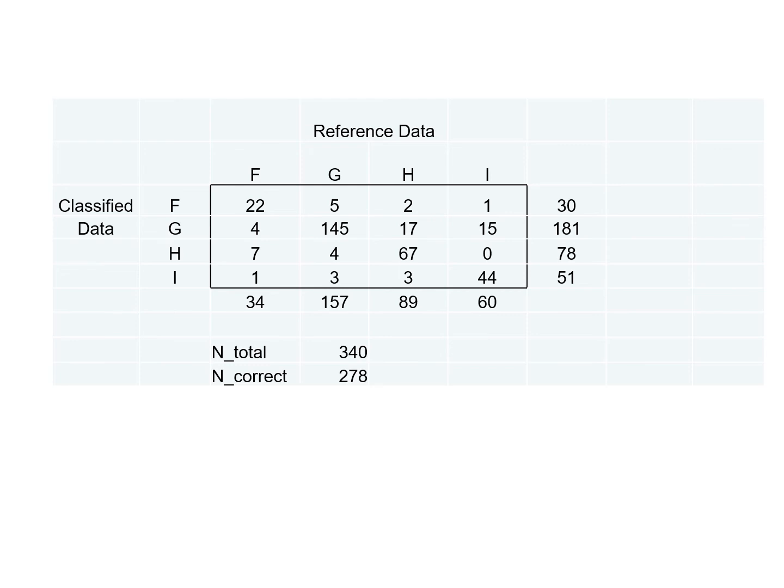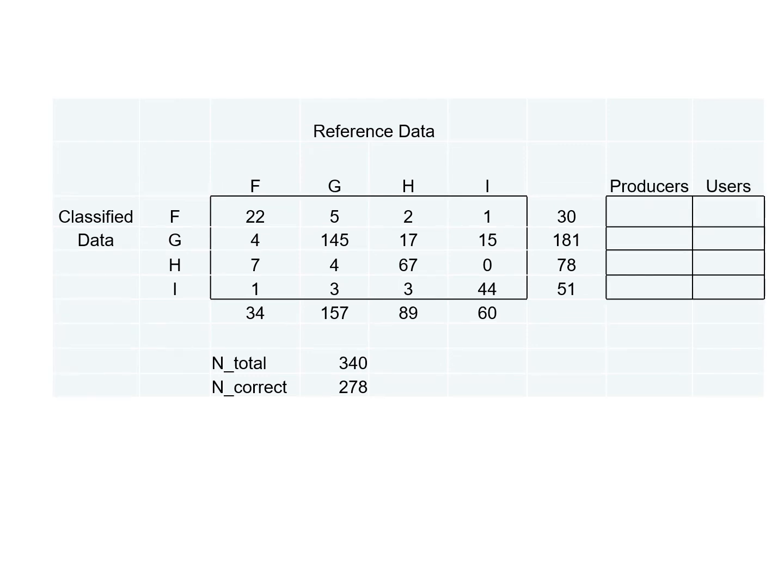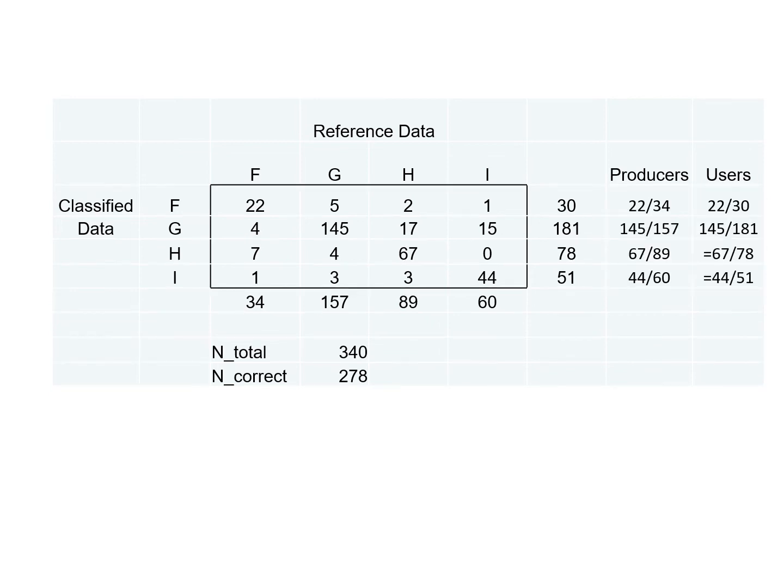And then you've got your diagonal, so you add those all up and you add up the total. Normally you would be doing this in Excel, but it's easy enough to do if you have a calculator or a phone or just a piece of paper and a pencil, really. And you set up your producer's and your user's columns, and you fill them up.